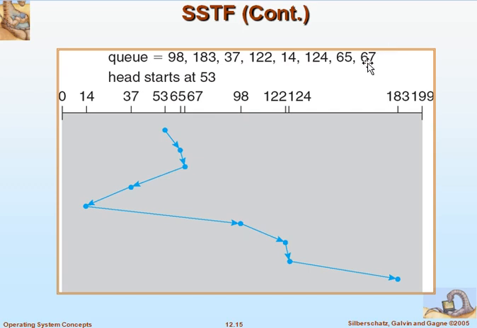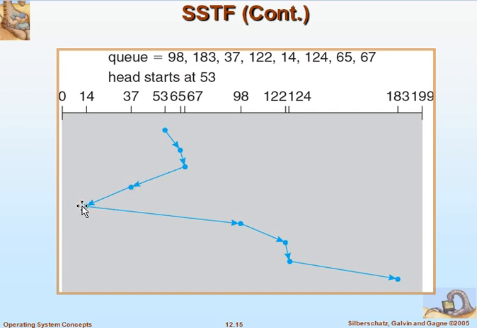From 67, the nearest are 37 and 14. 14 is farther than 37, so it will cater to 37 next. After 37 is completed, 14 has a lesser seek time from cylinder 37.